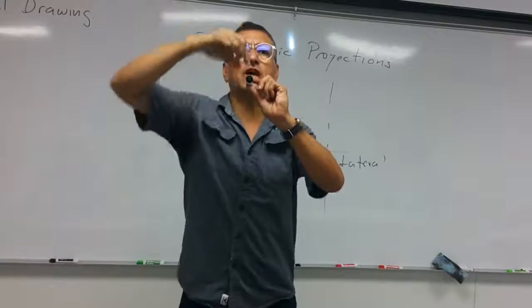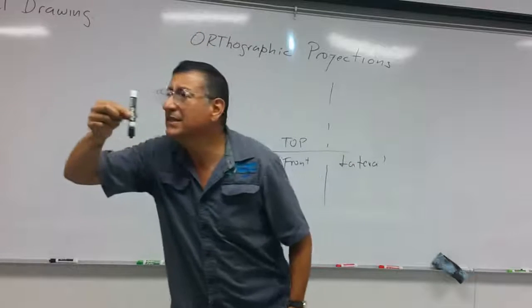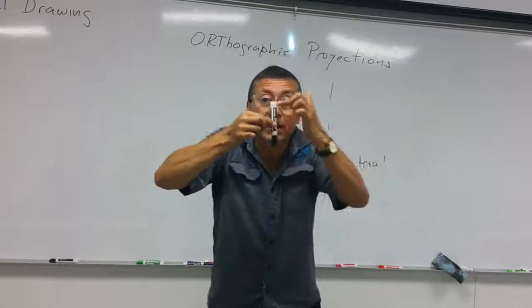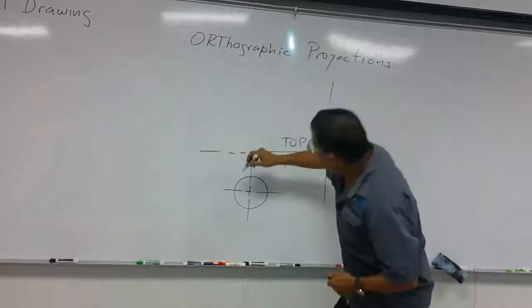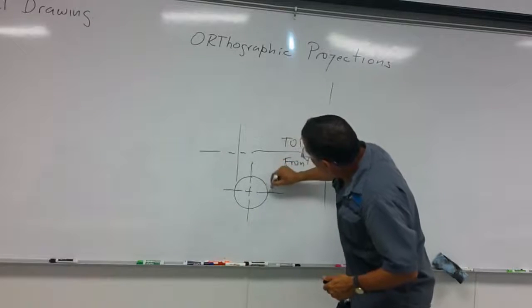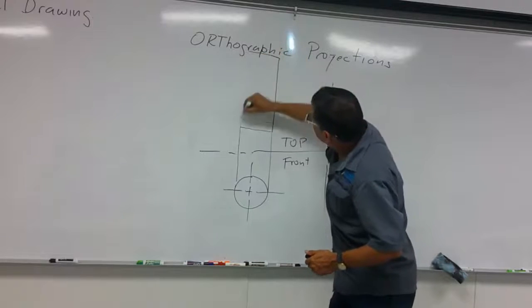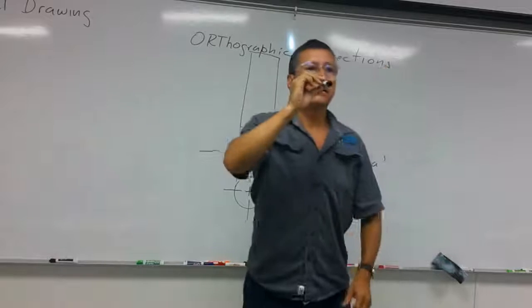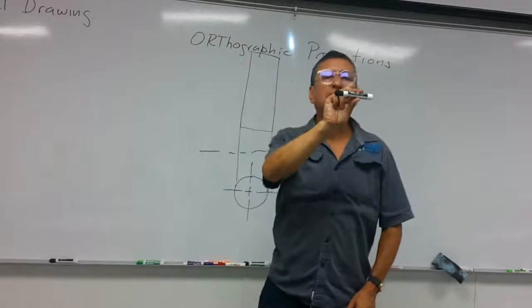Okay, what about the top view? It's a cylinder. It's a rectangle, no? Yes, it's a rectangle, the top view. The top view, if I have a projection of this, is a rectangle. Front, top, and what about the lateral?